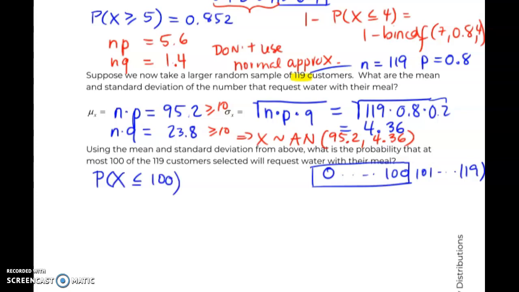We're going to use our normal calculator. So that would be the normal CDF going from negative infinity to 100, using the 95.2 and the 4.36. So we're going to go to the online calculator on StatCrunch for this.